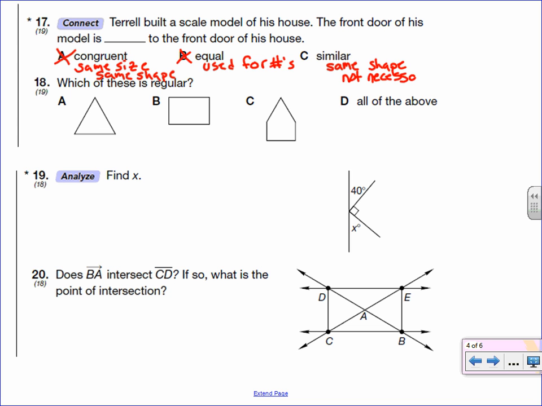Not necessarily the same size. So I would say that the front door should be similar. It should be the same shape as his house door, but it will most likely be a lot smaller than his house door.